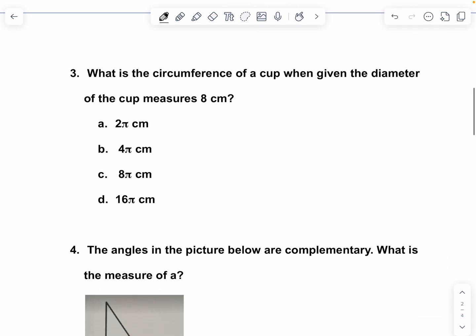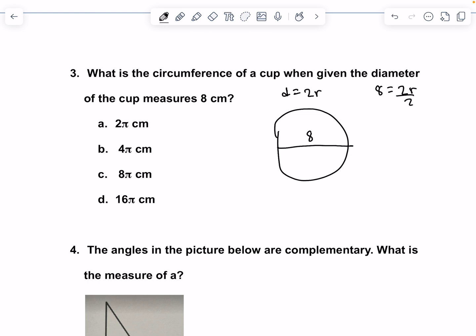Number 3 says, what is the circumference of a cup when given the diameter of the cup measures 8 centimeters? Let's just assume this is the top of the cup, where the liquid comes in. We know the diameter is this whole thing right here, and diameter is equal to 2r. So we do 8 is equal to 2r.